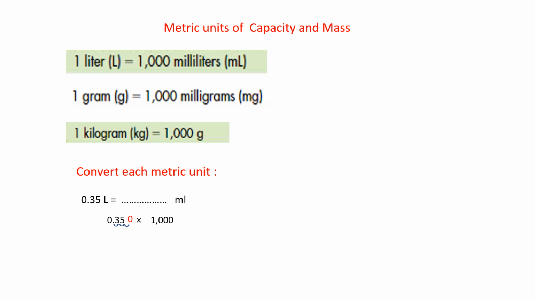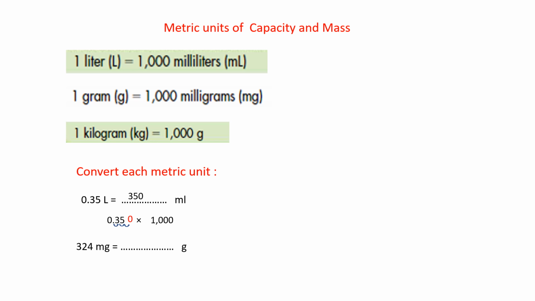The decimal point on the right is useless, and the 0 on the left is also useless. So the answer will be 350 milliliters. So 0.35 liters equals 350 milliliters. One more example, 324 milligrams to grams.